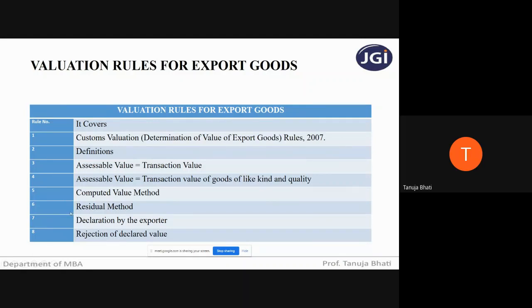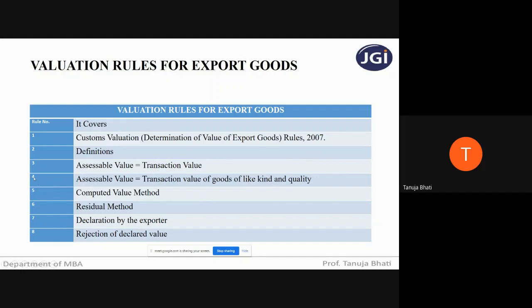Suppose it rejects the value, as in rule number 8: the exporter's declared value can be rejected by the customs authorities. So rule number 8 is the rejection of the declared value by the customs authorities. If in rule number 8 the value is rejected, then you move back to rule number 4, that is, assessable value is equal to the transaction value of goods of like kind and quality.